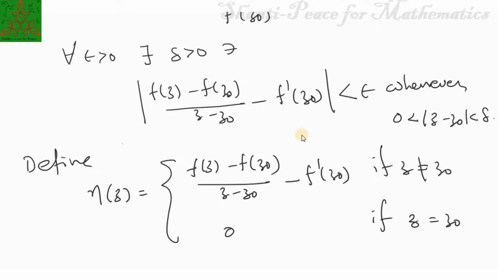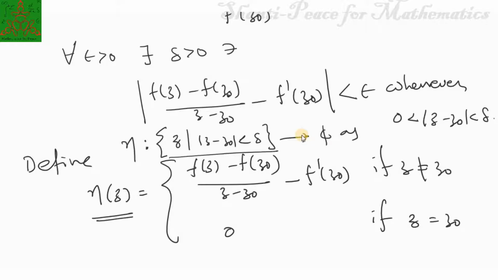I am defining this eta function on the neighborhood, that is, all z such that mod of z minus z0 less than delta, to C. So the domain of this function is the neighborhood of z0, and on that neighborhood I define the function in this manner.